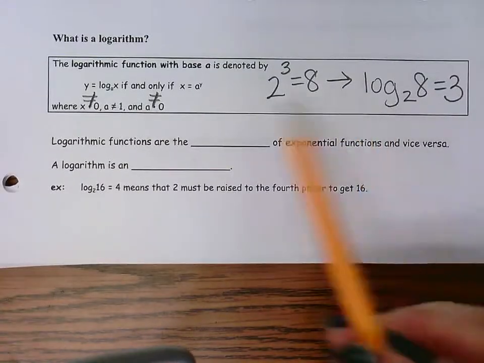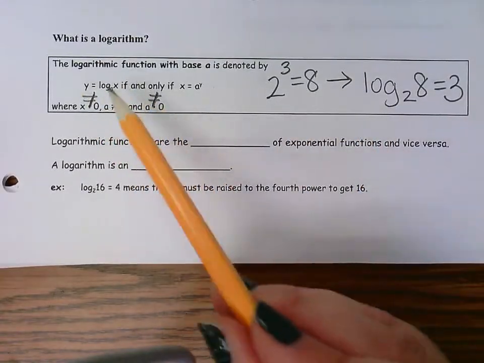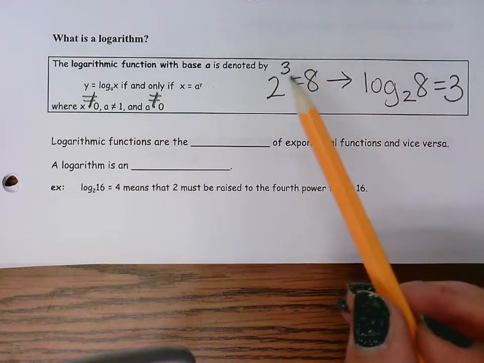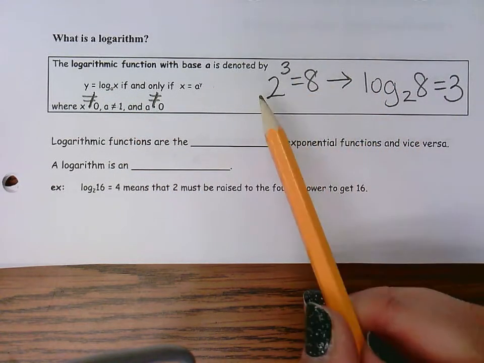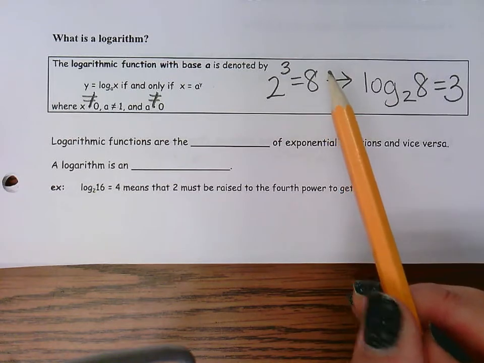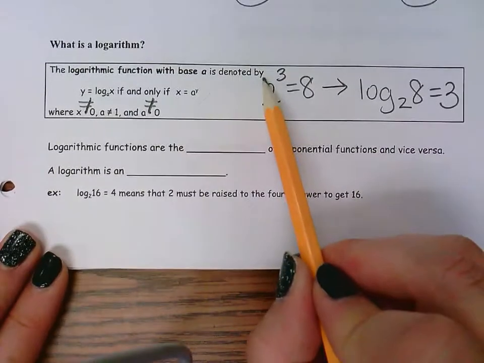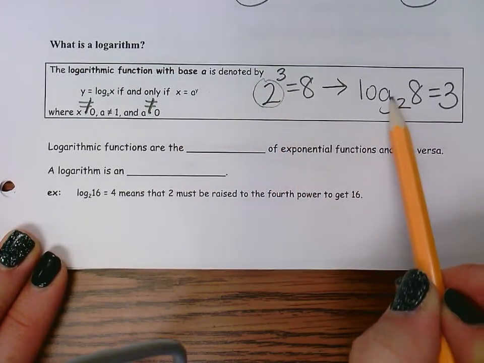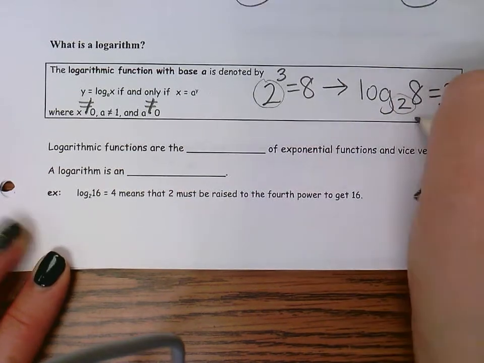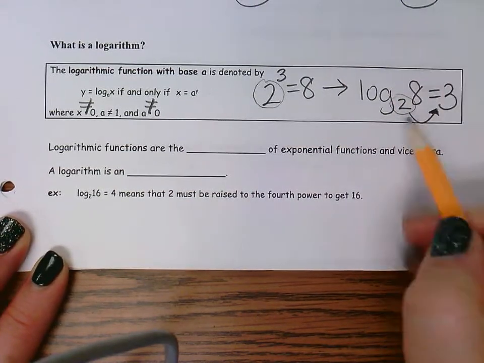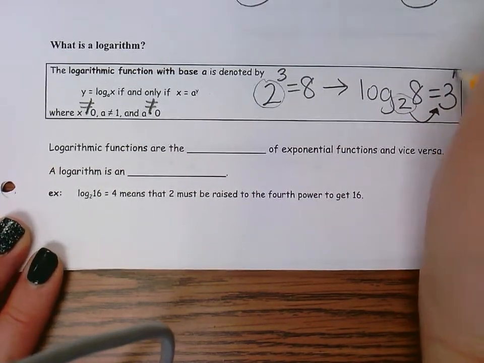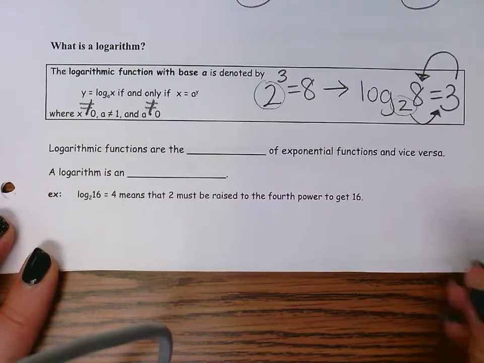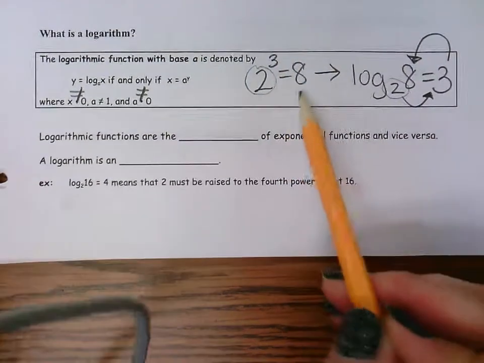So instead of using x's and y's and a's, it's more concrete for me if I write them using numbers. And you can see that the base here of the exponent is the base here of the log. And I think of it kind of as this circular relationship. 2 cubed gives me 8.